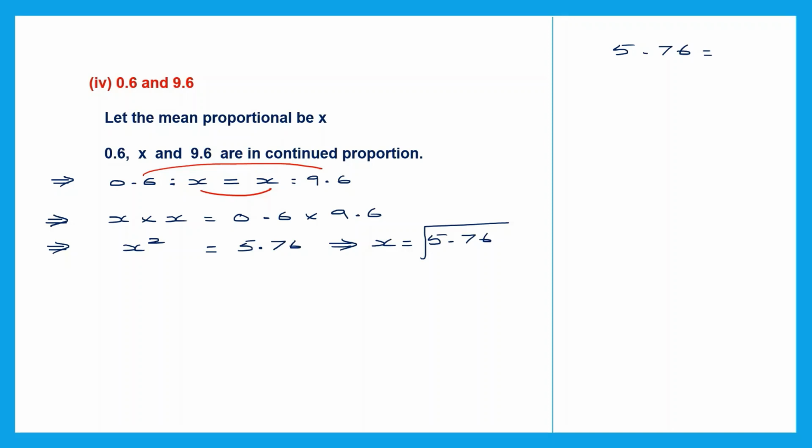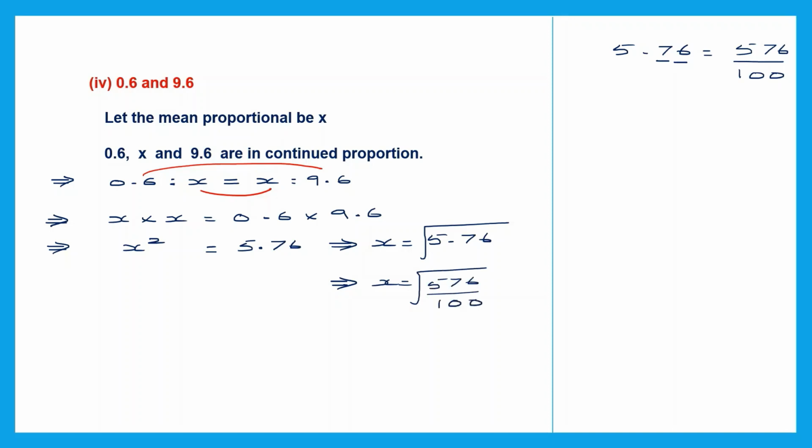So if we have to make this a whole number, then we write 576. And remember, the decimal place has moved, the point has moved 2 places. So our denominator will have 2 zeros. So this is 576 by 100. That means x is equal to the square root of 576 by 100.